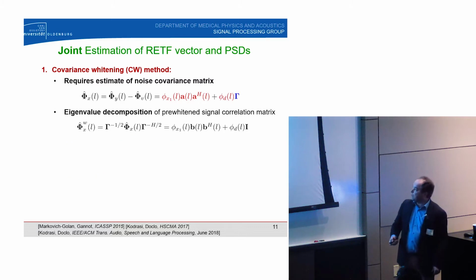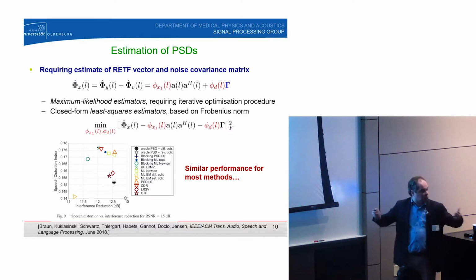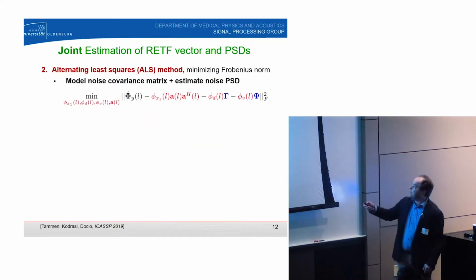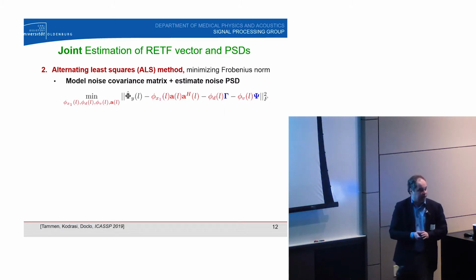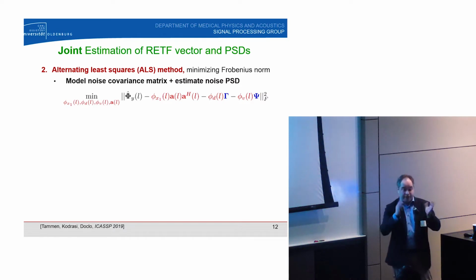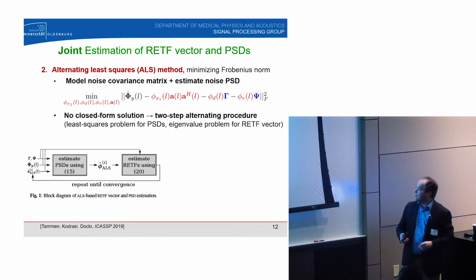Another method went back to this Frobenius norm and says, okay, here I can only estimate these PSDs, but I want to estimate everything. So let's just do this. Let's just minimize this Frobenius norm and try to estimate all these quantities. It turns out there is no closed form solution for this, but it can be broken down into 2 subproblems, where for the PSDs, it's a very easy least squares problem with a closed form solution, and for the RTF vector, it's an eigenvalue problem where you can estimate it based on the principal eigenvector.